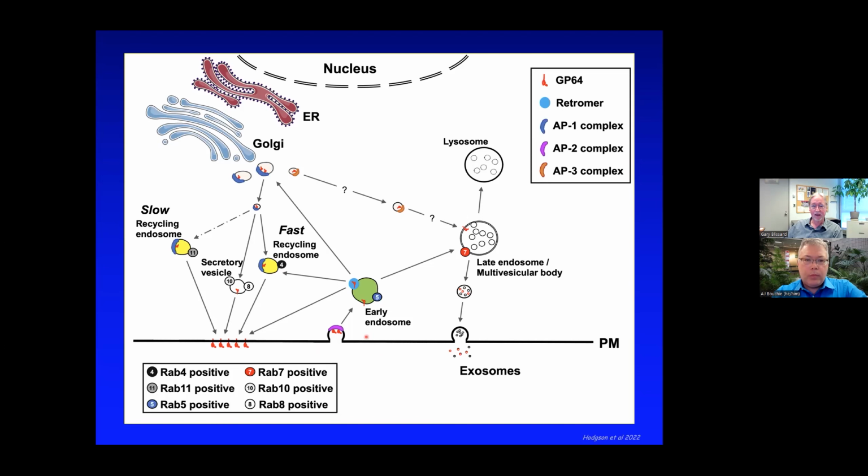Another interesting thing that we saw in this study was that a very small quantity of the envelope protein is released from the cells in something called exosomes. We don't know exactly what the function of that is or the total significance of this, but it's something to look into in the future.